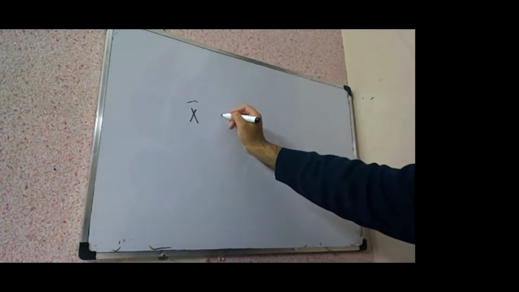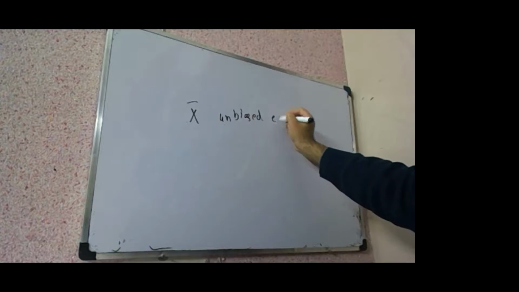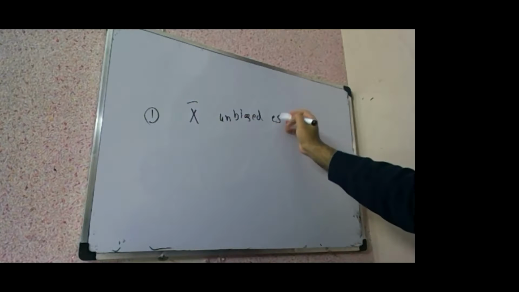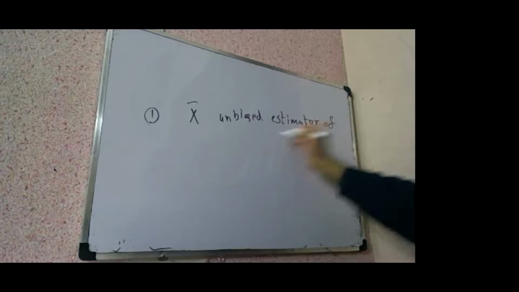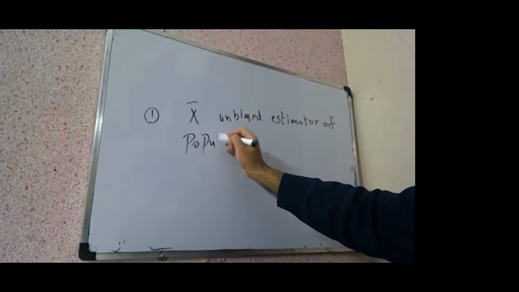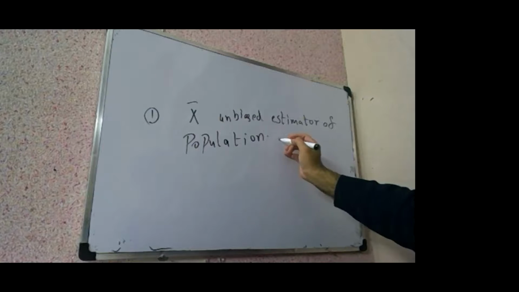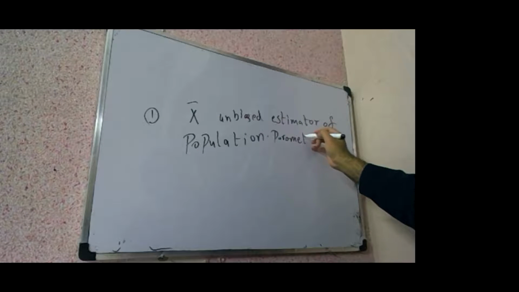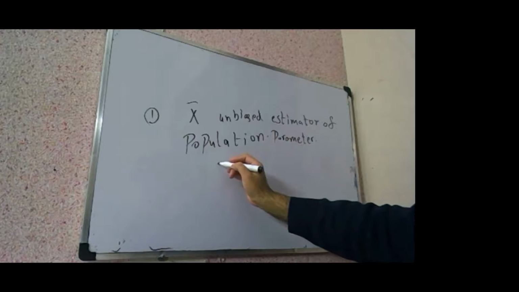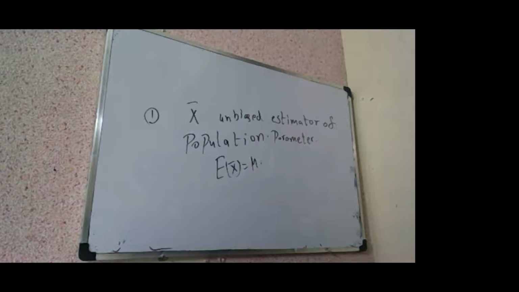X bar is an unbiased estimator of the population parameter. That's the first property. Now we have to see whether it's really true or not. So what we claim is that the expected value of x bar equals mu. Is that right? Yes, this is right.